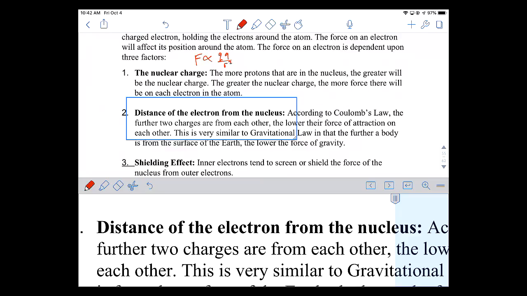Even if there's a really big nucleus, if the electrons are forced into an outer shell by the other effects that we talked about, like Hund's rule and Aufbau, then the R squared value is going up, and so that's going to lower the effect.